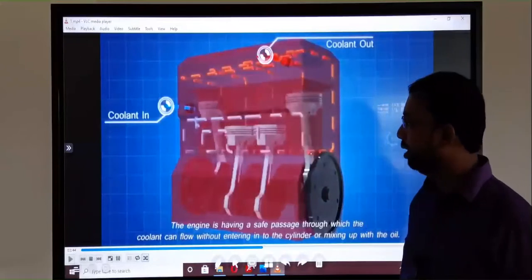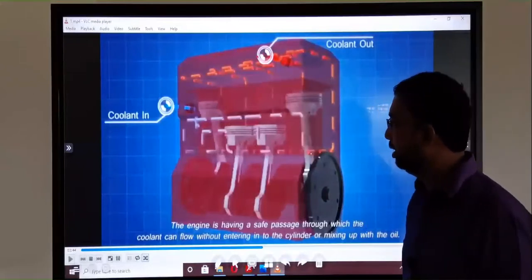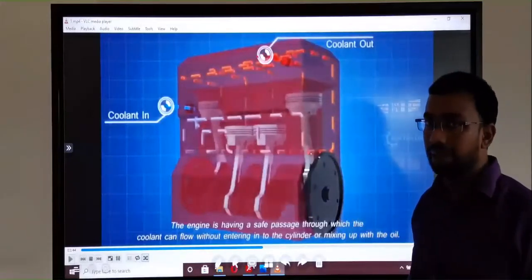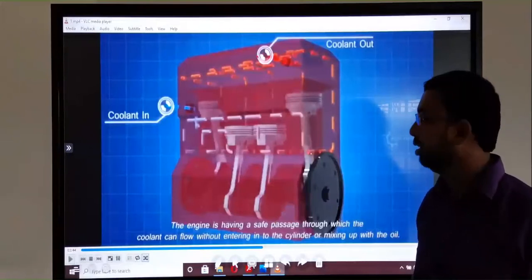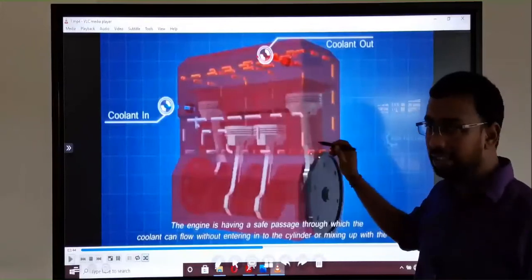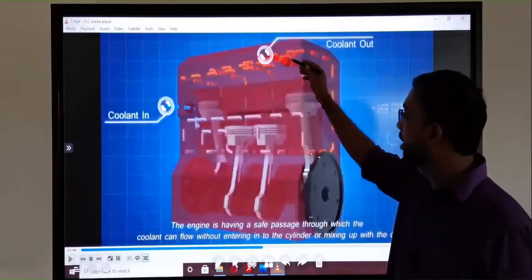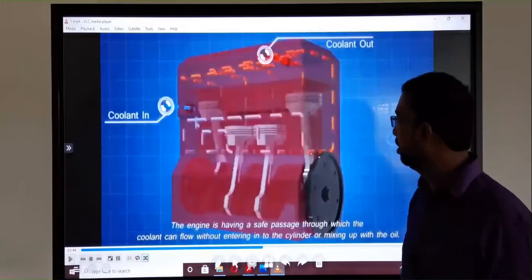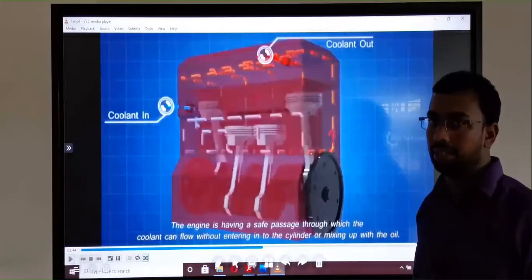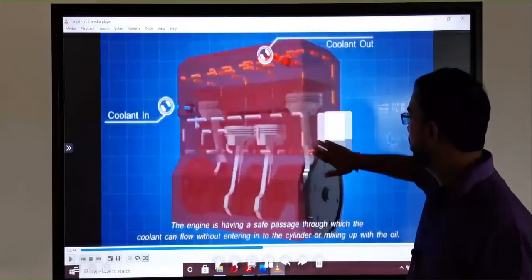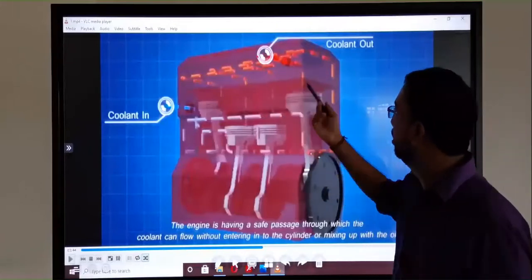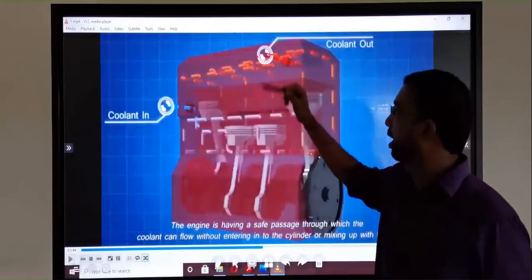Normally the coolant entering from the radiator is at a very low temperature, that means it is very cool. Then it absorbs the heat of the engine, and the coolant becomes very hot. After some time the coolant gets the high temperature and leaves through this line.